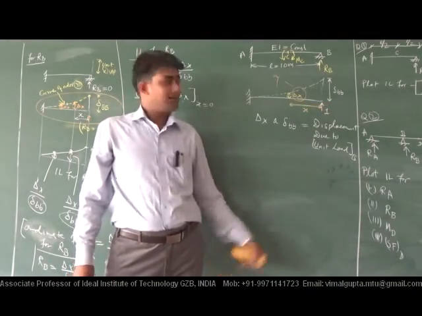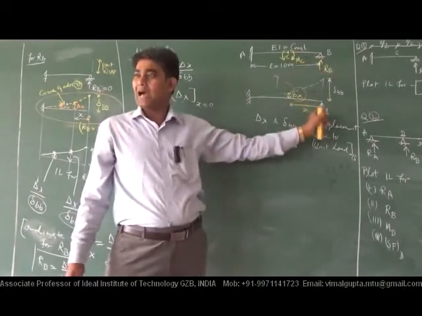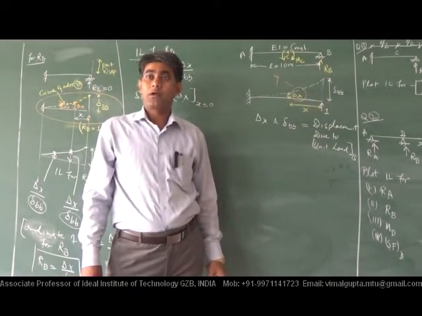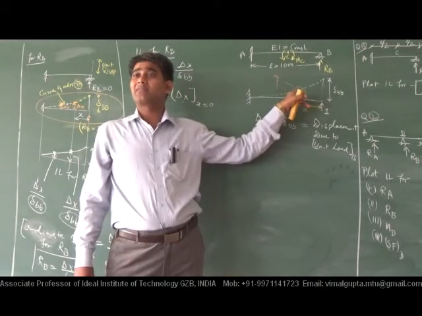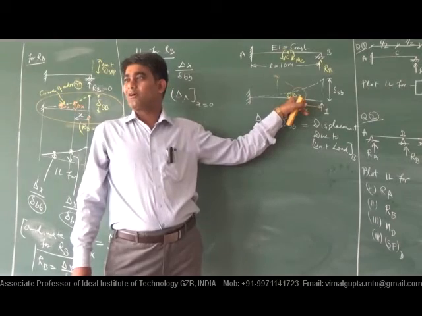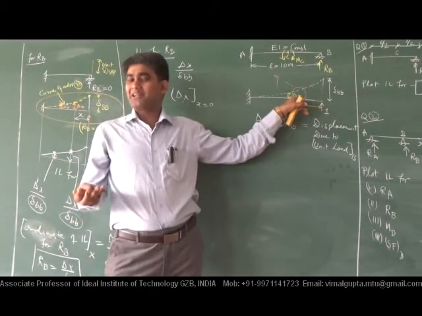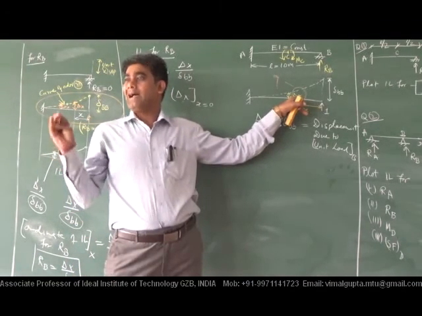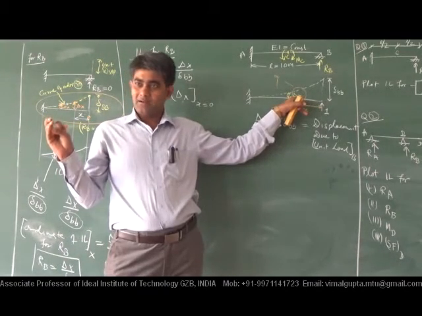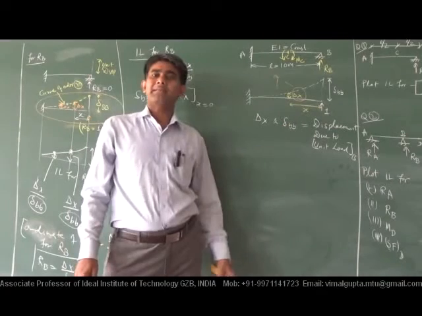Point load can be upward, it can be downward, no problem. So how we will calculate that delta x? We can calculate delta x using either conjugate beam method, Macaulay's method, energy method, or many methods we have.